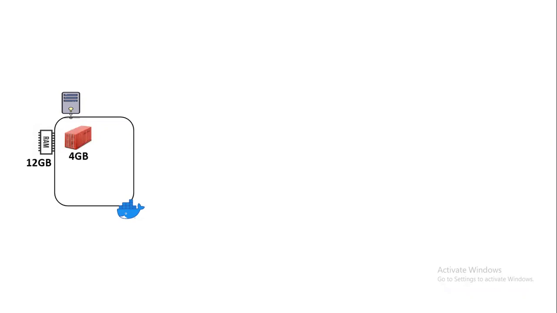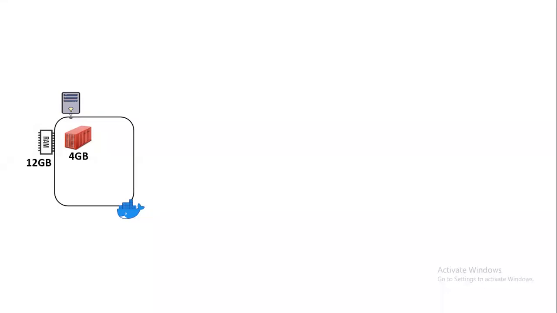What will happen? When you run a container, it is going to consume 4 GB from the host machine, and the leftover on the host machine is close to 8 GB. But out of 8 GB, there will be some capacity which the operating system also takes. So hardly you might be left with around 6 GB.